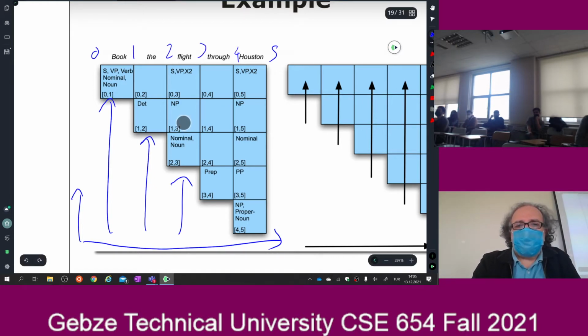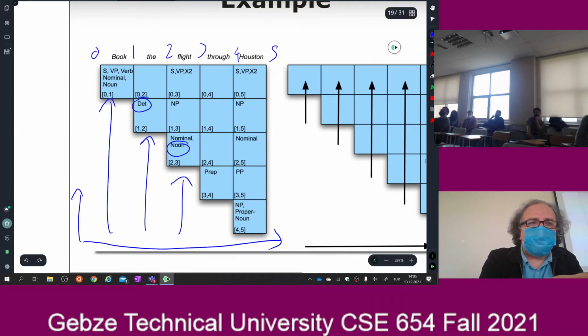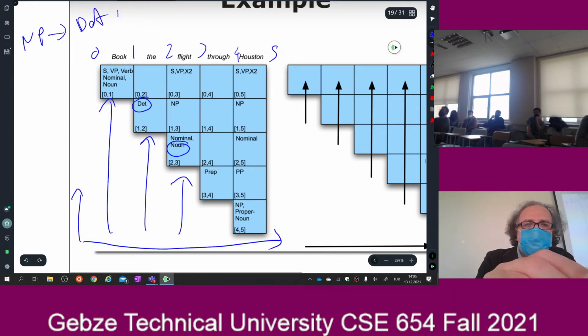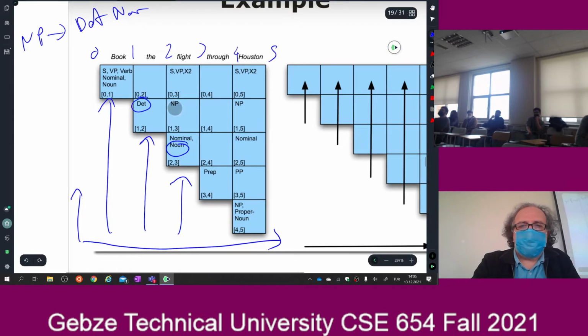So it could be from 1 to 2 and 2 to 3. So determiner nominal, determiner noun, yes, it's a noun phrase. So determiner noun is a noun phrase. So there is a rule that says NP goes to determiner noun. So I put noun phrase here.